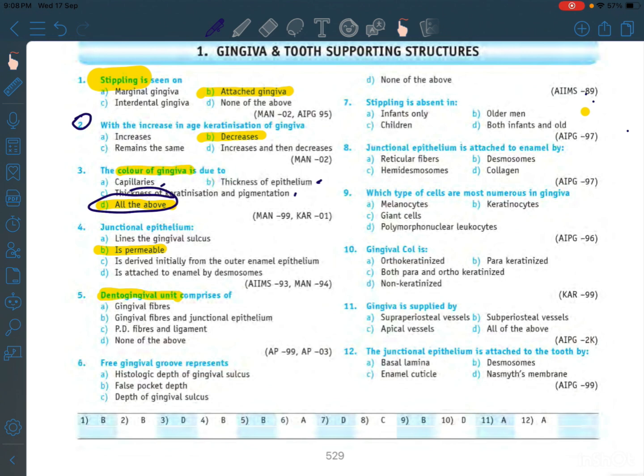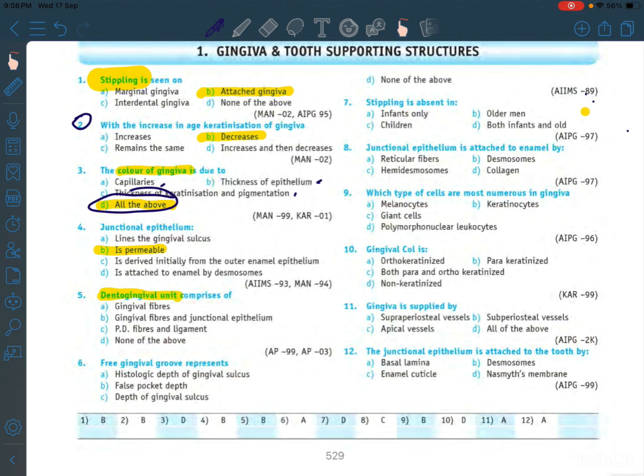Junctional epithelium means the epithelial attachment of gingiva to the tooth surface, and primarily the gingivodental fibers are the fibers that insert into the cementum and fan out into the gingiva. Together these two form a biological seal around the tooth. So what is the significance of it? It provides a barrier against bacterial invasion from the oral cavity. Also it helps maintain gingival contour and firmness.